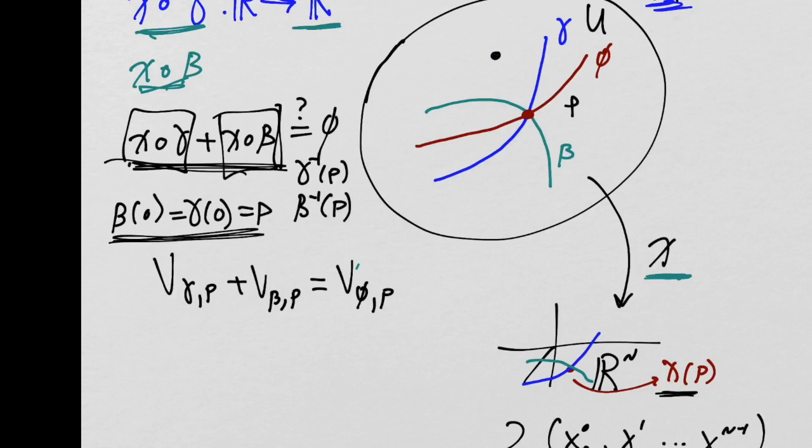And the coordinates of that point are going to be 2 times x of P. Right? So it's going to be somewhere else.